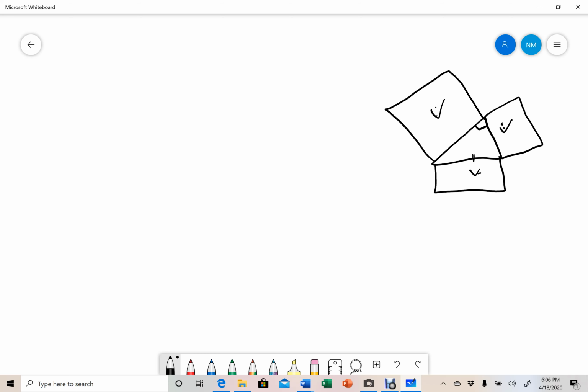So if I were to take the sum of this one and this one, add them together, this is going to equal the polygon that's on my hypotenuse.